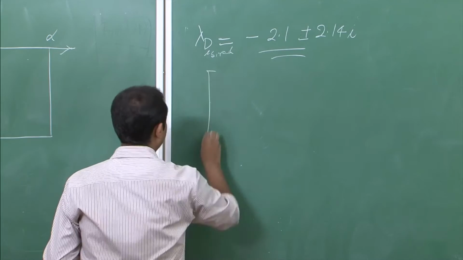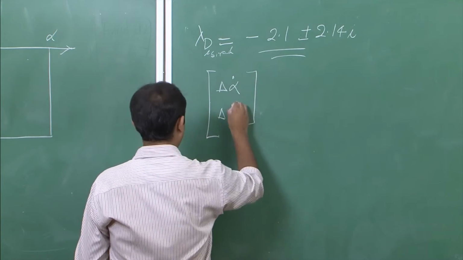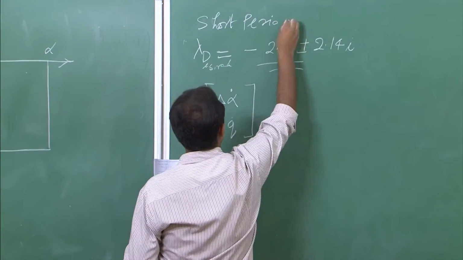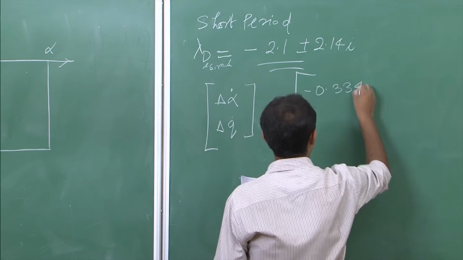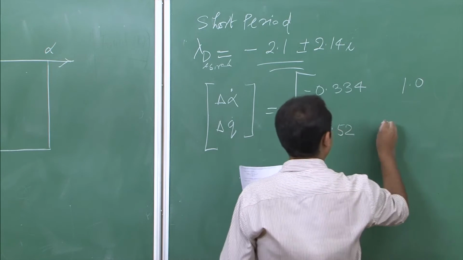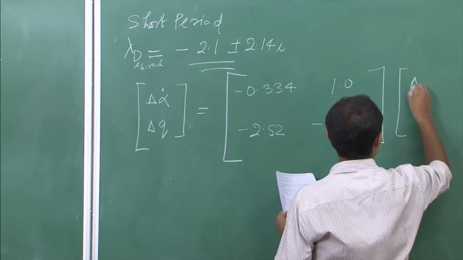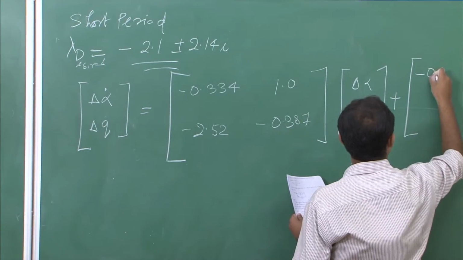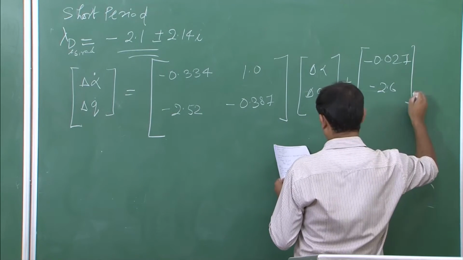Your system for short period is given by delta alpha dot, delta q dot equals the matrix [minus 0.334, 1.0; minus 2.52, minus 0.387] into delta alpha, delta q, plus [minus 0.027; minus 2.6] delta E.